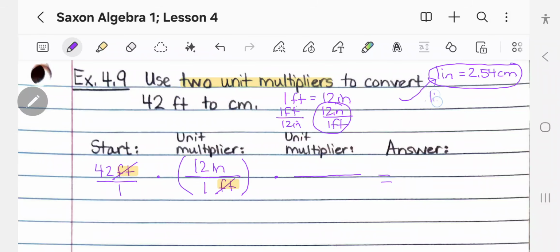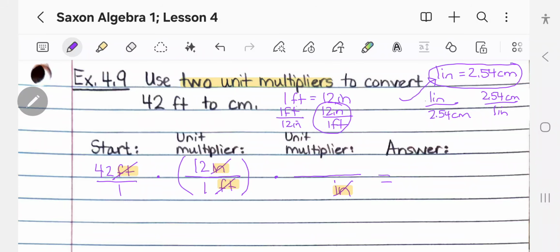So I'm either going to have 1 inch over 2.54 centimeters or 2.54 centimeters over 1 inch. I have inches here. I'm going to need to have inches down here so that they will cancel. And they cancel because an inch over an inch is another way of writing 1, right?